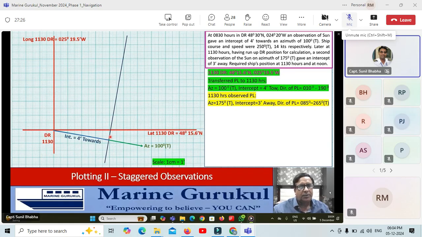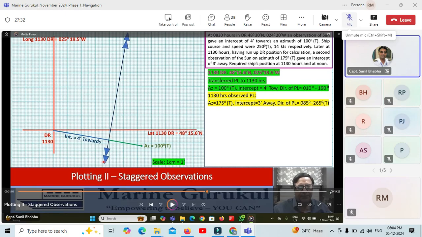This becomes the ITP. And through the ITP, we draw the transferred PL represented by 2 arrows at each end. So the transferred PL is plotted now, beta. Any doubts up to here? Very good.